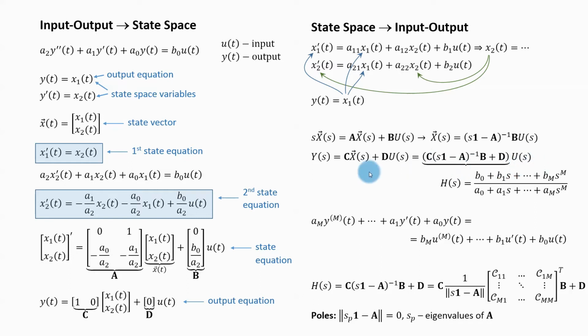And here you get a familiar expression where the Laplace image of the output is given as the Laplace image of the input multiplied by some function of s. This function of s is of course the transfer function. So this is how you get your transfer function from the state space matrices A, B, C, and D.